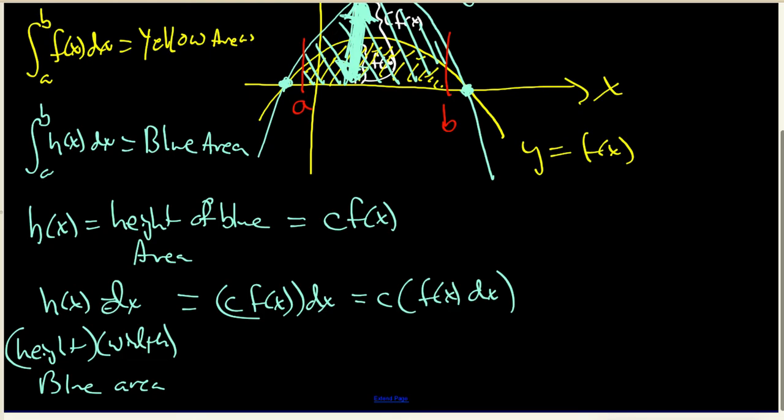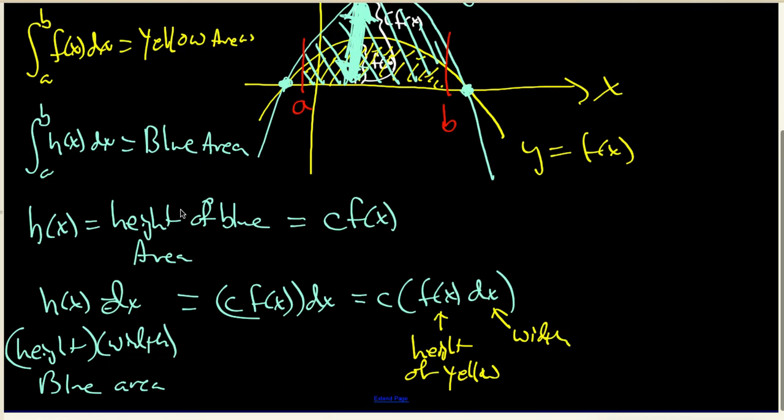And now I want to think long and hard about what this is. That f is the height of the yellow area, and that dx is the width of the yellow area.